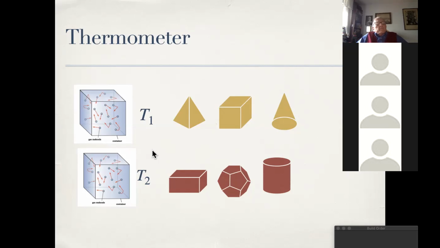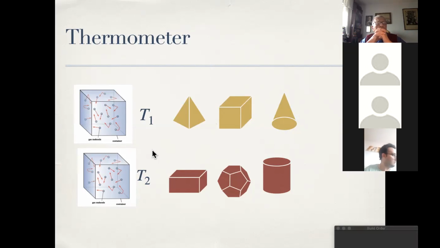And the physicists decided that it is convenient to use this scale, the absolute temperature scale, which is usually called the Kelvin scale, and compare it with the Celsius scale, which we use, at least in Europe, for practical purposes.